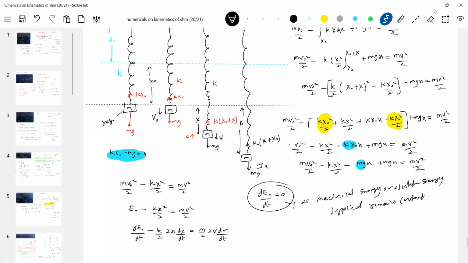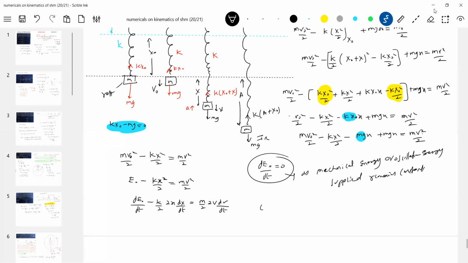The energy we supply will remain constant. Only thing is it will take different forms. So therefore dE naught by dt should be 0. Substituting that, we get 0 is equal to kx dx by dt plus mv dv by dt.